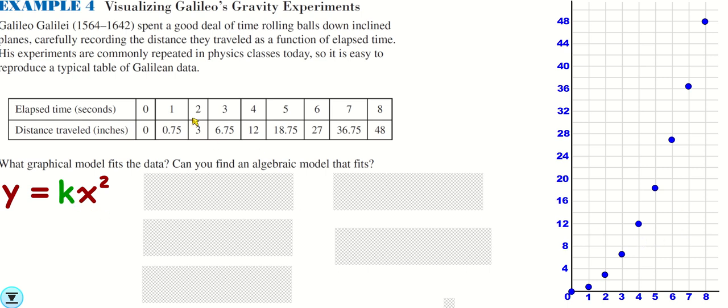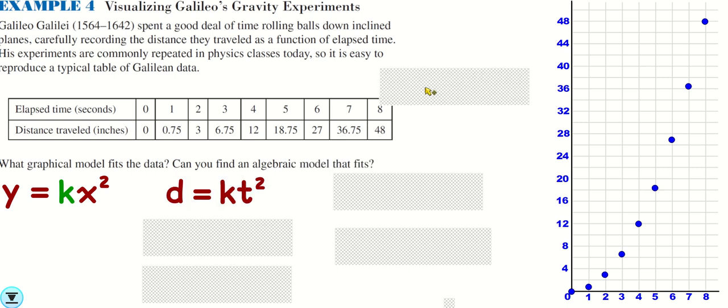All right? And so all we really need to do, well, okay, if I was using d for distance and t instead of x and y, it's the same thing.